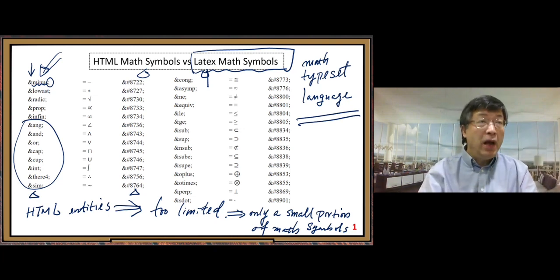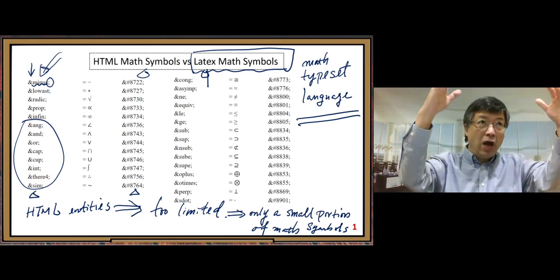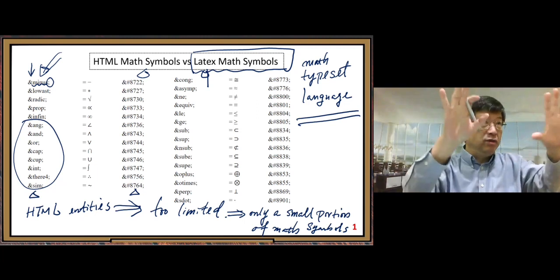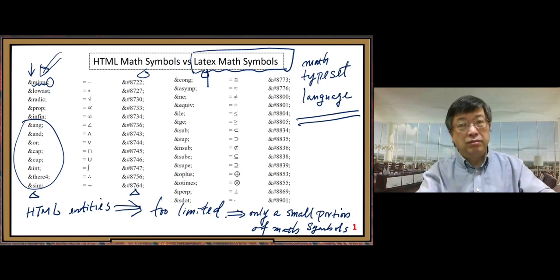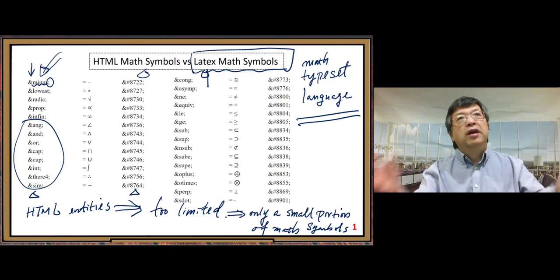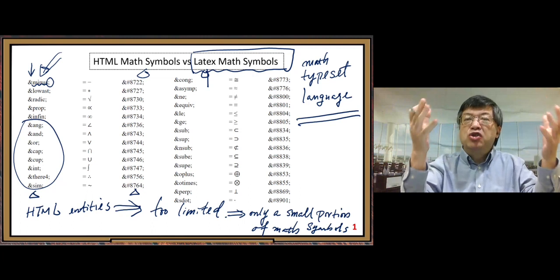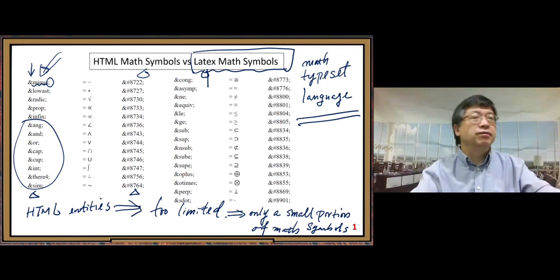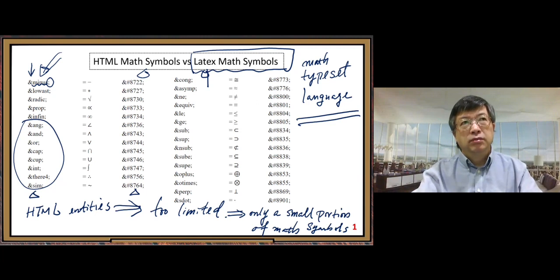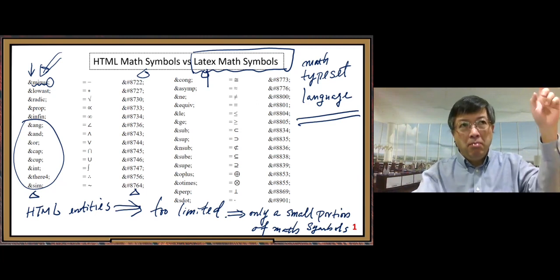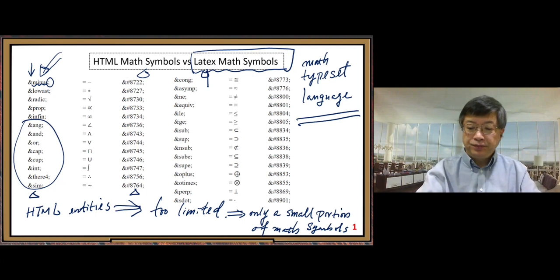A programming language has logic features, right? You can do logical things. With LaTeX, you cannot do logical things. It only displays special math symbols. That's it, the only purpose of using LaTeX math symbols.